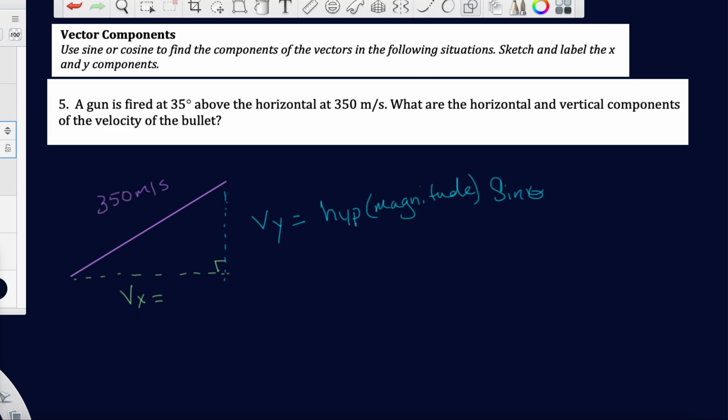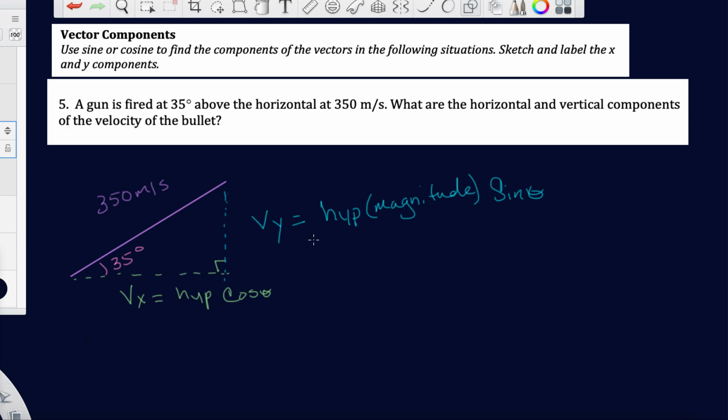And therefore this one is the hypotenuse times the cosine of theta. And they said that theta here was 35 degrees. So all we have to do is plug in what we know and we'll find our answer.